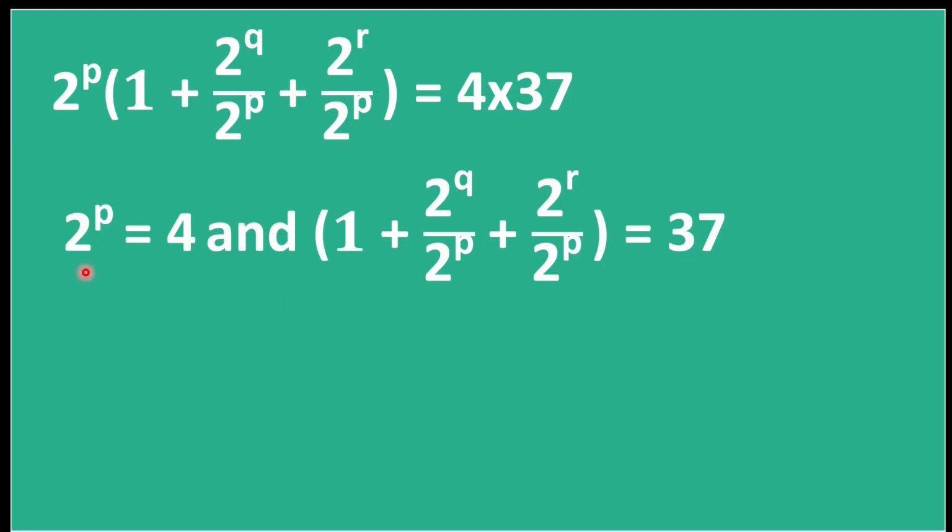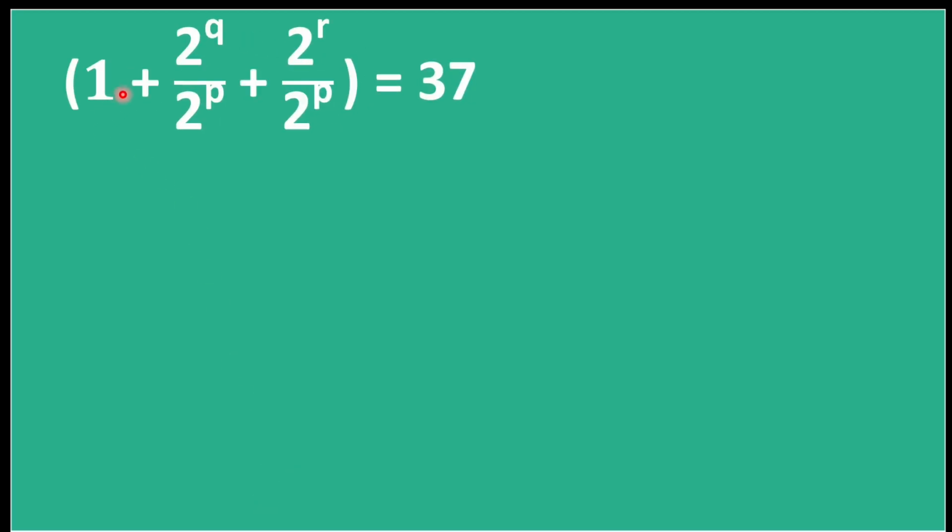Here 2^p = 2 squared, because 4 equals 2 squared. So here we have the same bases. According to the mathematical rule, if we have the same bases, then we can compare their powers. So p = 2. For the other value, we will subtract 1 on both sides.